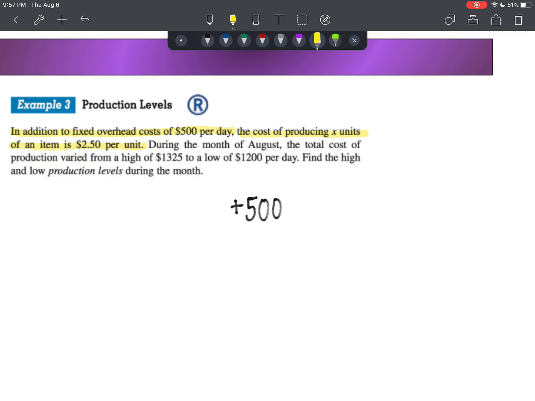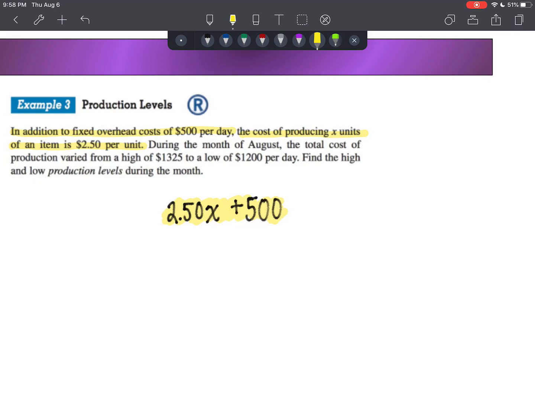So X number of units at $2.50 per unit would be $2.50 times X. So this yellow algebraic expression represents that first sentence.